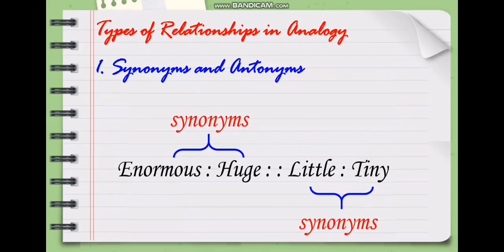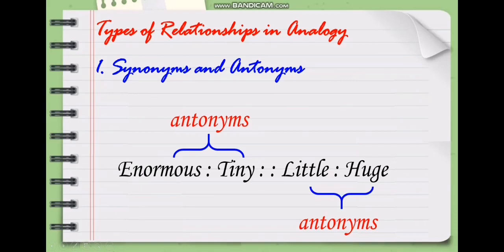Both words share the same meaning, which is big, as in little and tiny, which both mean small. Examples of antonyms, on the other hand, are enormous and tiny, in which both words are opposite in meaning, whereas enormous means big and tiny means small. Also, little and huge, where little means small and huge means big.